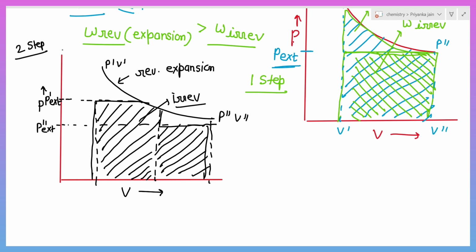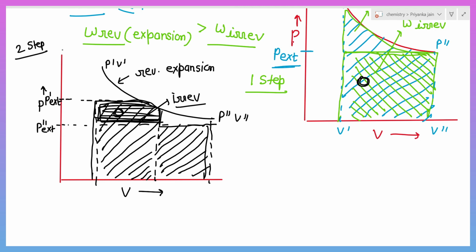In the first curve, you can see that we are getting only this area. But here we are getting much more area as compared to the first graph. It means when we do the process in two steps, the magnitude of the work will be more.